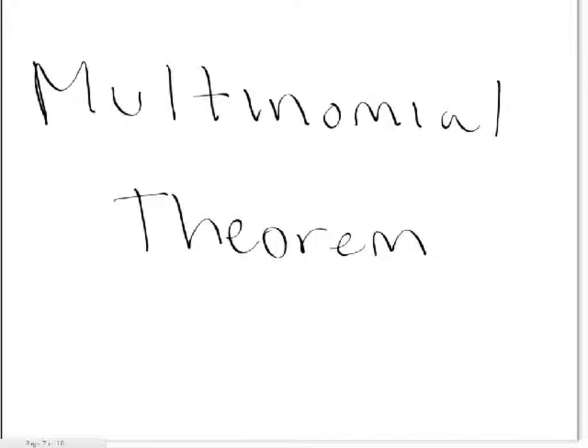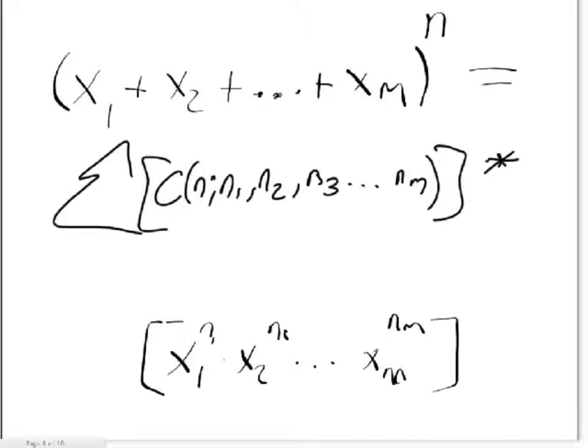Okay, the multinomial theorem helps us find an easy way to get the coefficients and powers of different terms when you take a polynomial to the n power, where n is an integer, and the polynomial has m elements.